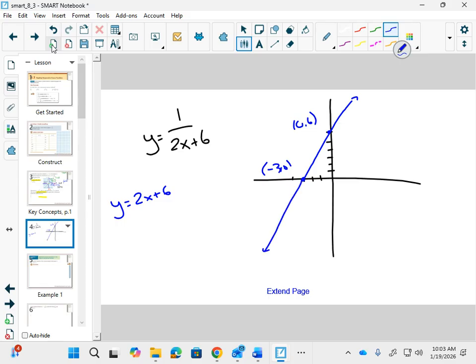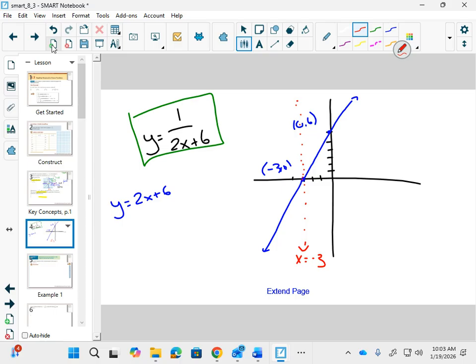And I'm going to graph this in green. The first thing I'm going to do is draw my asymptotes. With a reciprocal graph, I know that at the x-intercept here, now x equals -3 is a non-permissible value. It would cause me to divide by 0.